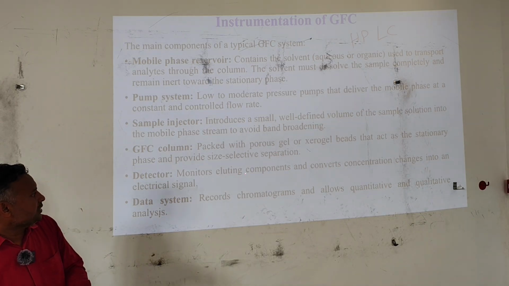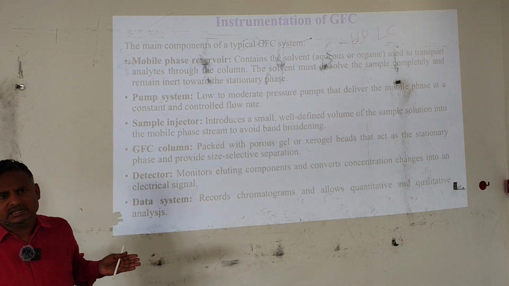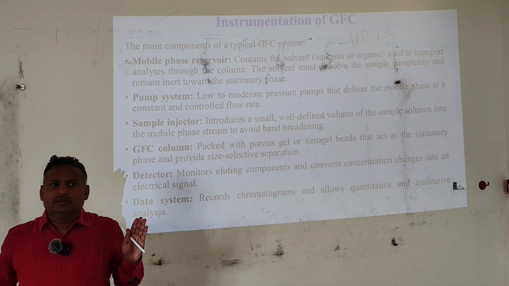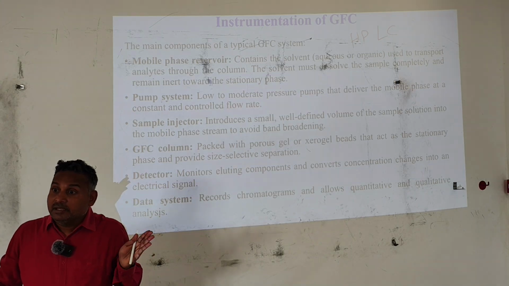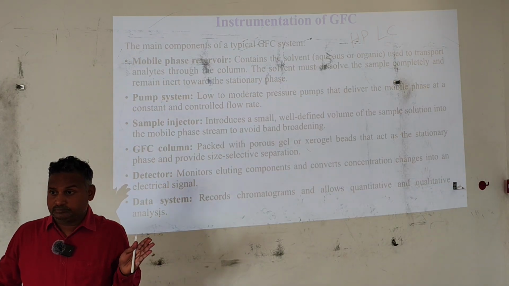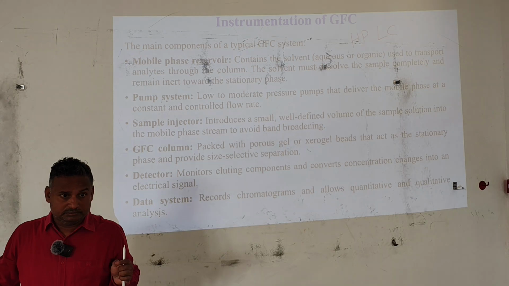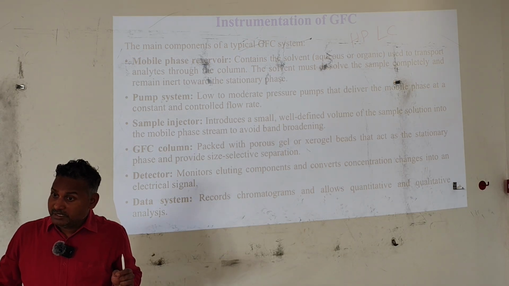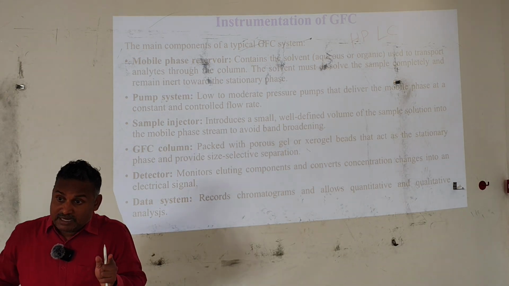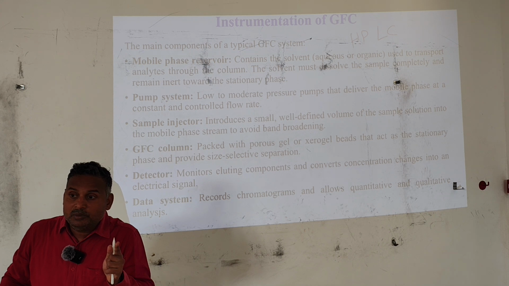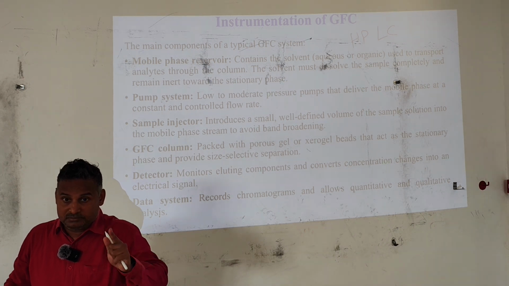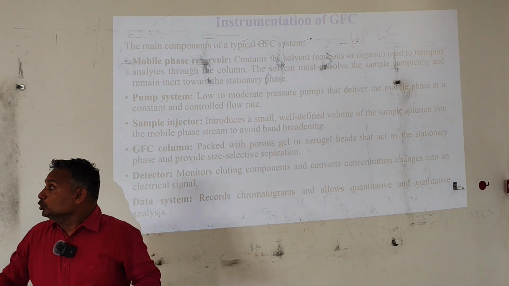The detector monitors eluting components and converts concentration changes into an electrical signal. It is a common phenomenon for any instrumentation. The detector works on the same principle, measuring a particular property and converting that property into electrical signals.